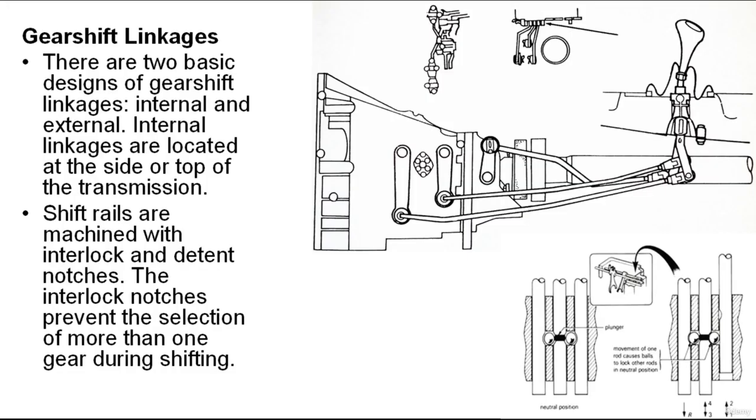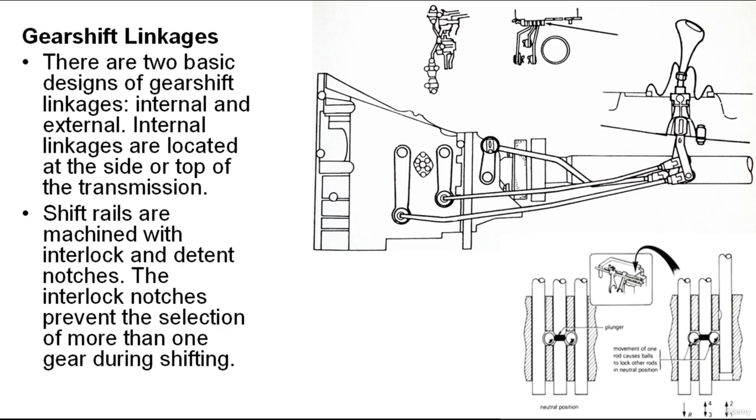Also, we have the gear shift linkages. There are two basic designs of gear shift linkages: internal and external. Internal linkages are located at the side or top of the transmission, and the control end of the shifter is mounted inside the transmission, as are all of the shift controls.